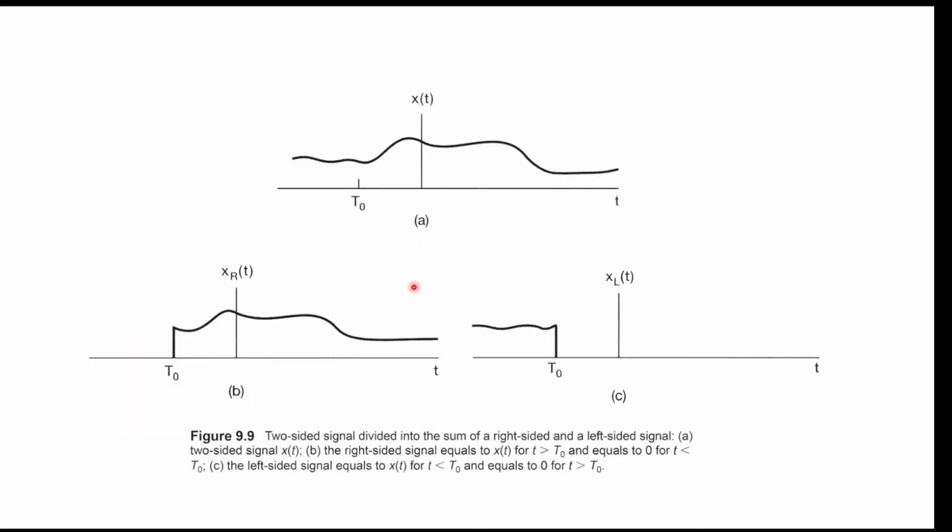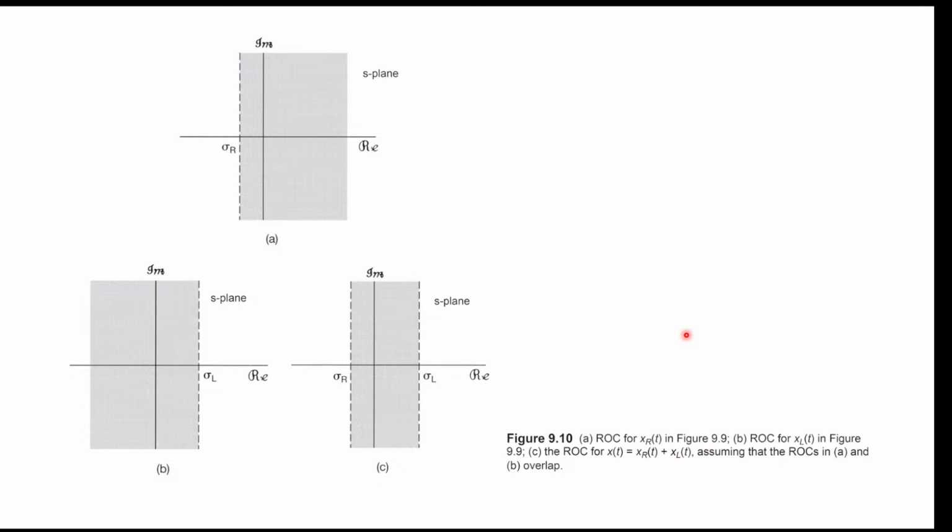Then our x of t is the linear combination of x_R and x_L, so the ROC should be the intersection of these two, which becomes a strip if they overlap. Because one extends to plus infinity and the other to negative infinity, the overlap can be just one strip. So there will be no two strips.